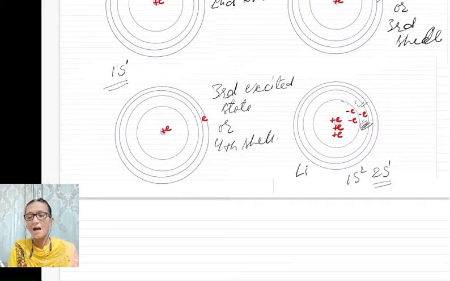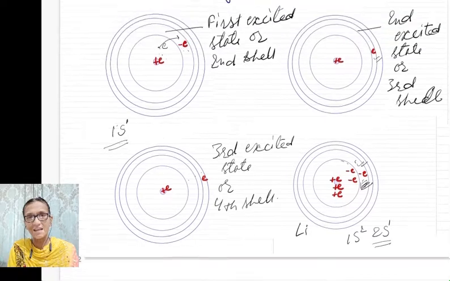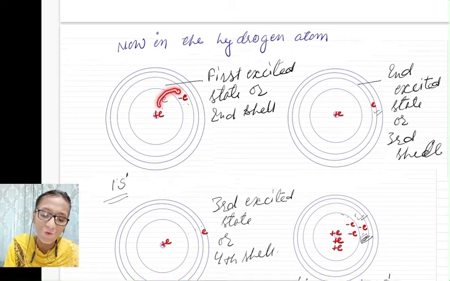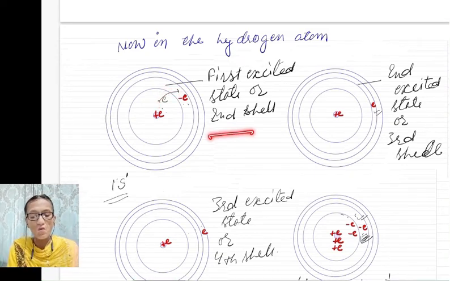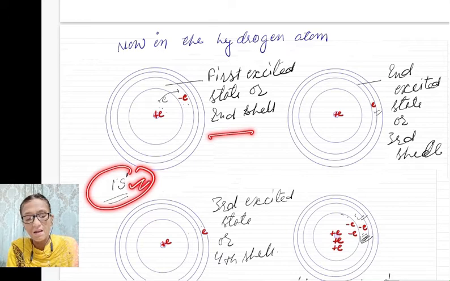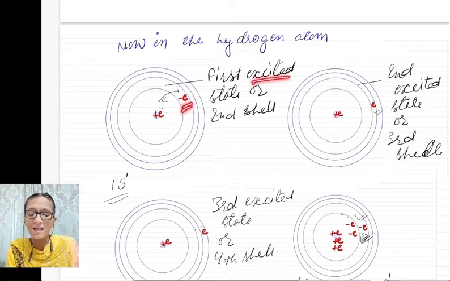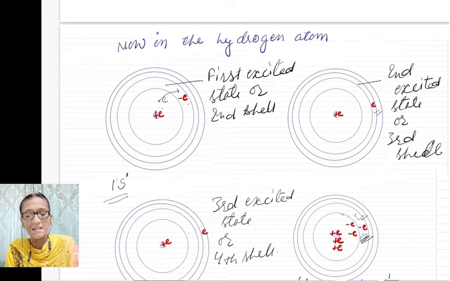In lithium the outermost electron naturally is in its second cell and it is not in an excited state. In hydrogen atom, when the electron is taken from its original position in the first cell to the second cell by giving some energy, then you can say its first excited state is the second cell.